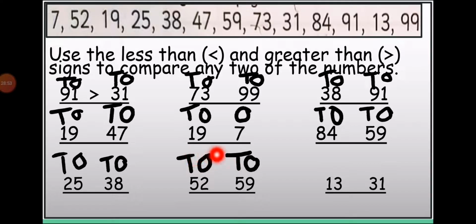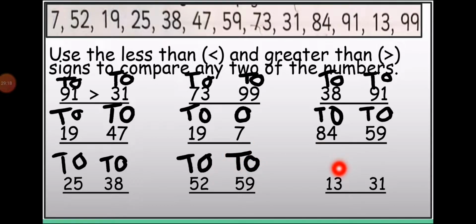If they are the same, you can check out the second value. Second value is ones. So you can check out, is 2 greater than 9 or is 2 less than 9? If 2 is greater than 9, then the whole number 52 is greater than 59. If 2 is less than 9, then it means 52 is less than 59. So think carefully. Find out, is 52 greater than 59 or is 52 less than 59? Then put the correct sign in the center.